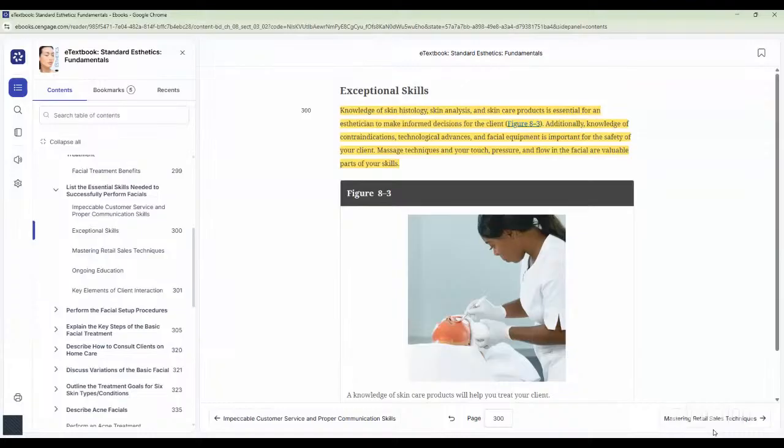Okay. It's good to know technology advances. You know, we're in the age of AI, artificial intelligence. It is changing every industry. I urge you to find out how it is changing your industry. How is it changing aesthetics? How is it changing beauty? Are we able to intertwine the two? All right.